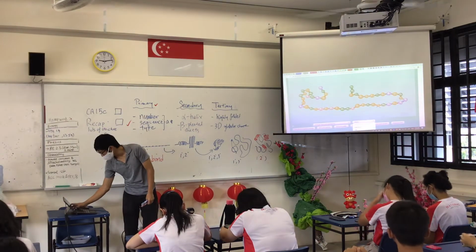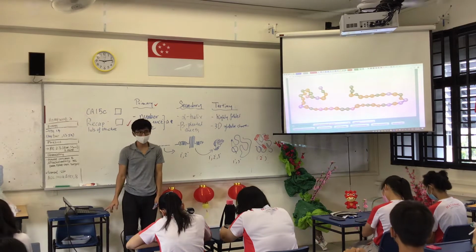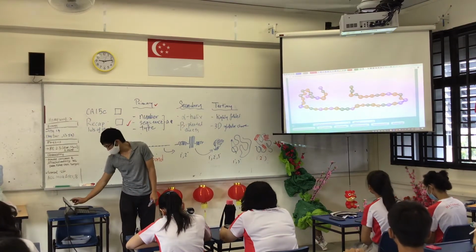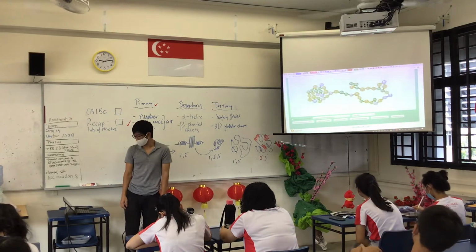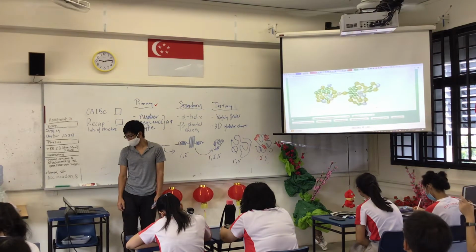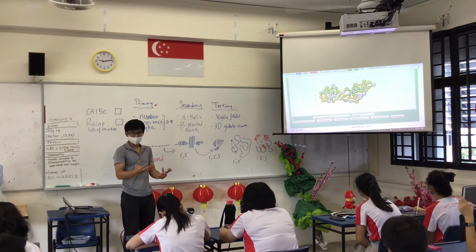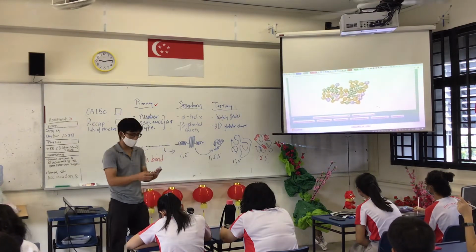So let's focus instead. Let's say we're in a vacuum. If I were to click play in a vacuum, you'll find that they'll still come together. What's holding them together? Lots of interactions and bonds.